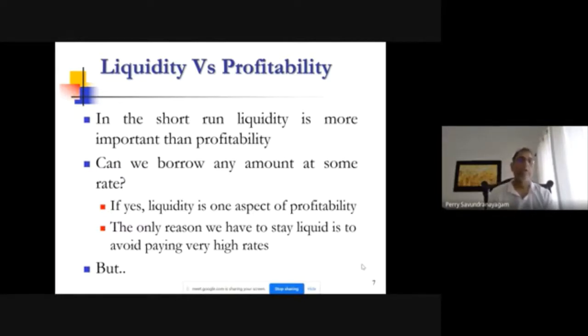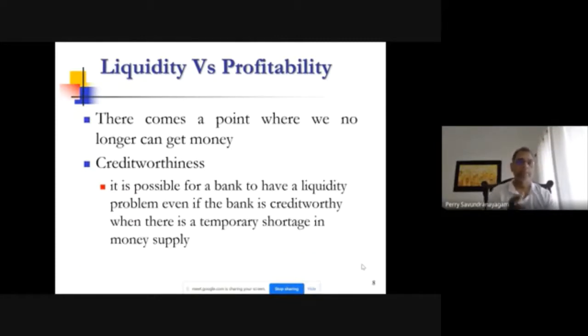Now in the scenario you just mentioned, where you are directly impacted by a situation and everybody knows it, obviously nobody's going to lend to you at whatever interest rate.